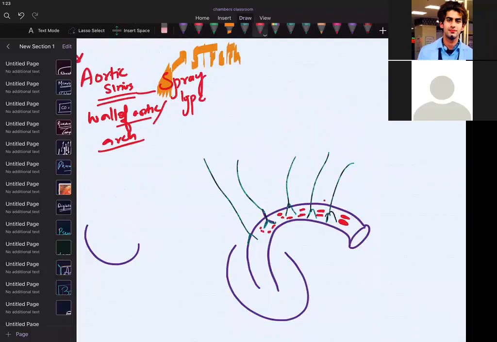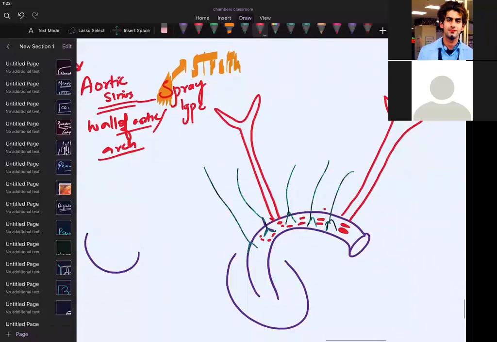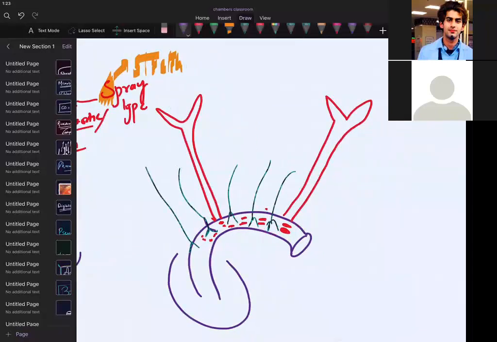And this is your internal carotid. Let us make the carotid. Now this is the place where you see the carotid body. Bifurcation.